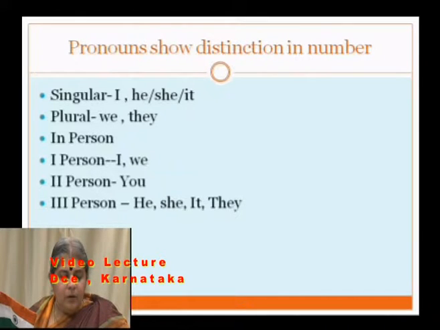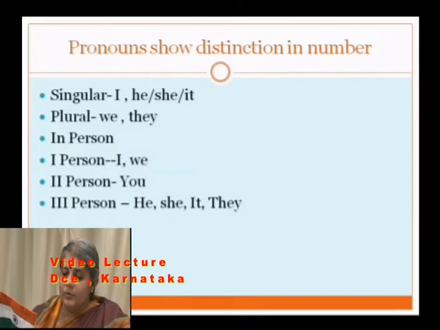Now, you is found both in the singular as well as the plural. Now, in terms of person, in the first person, I, we pronouns are used. In the second person, you pronouns are used. In the third person, he, she, it, they pronouns are used.